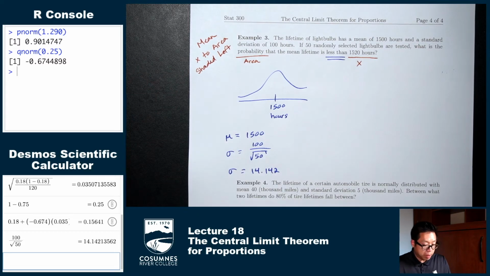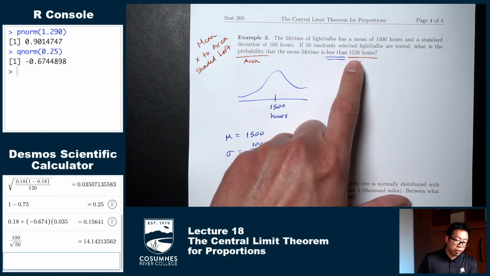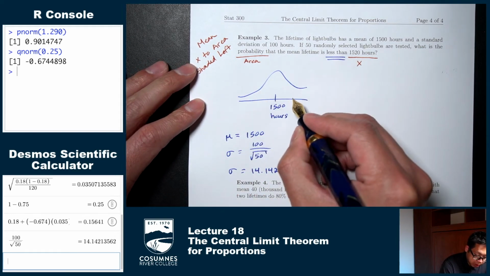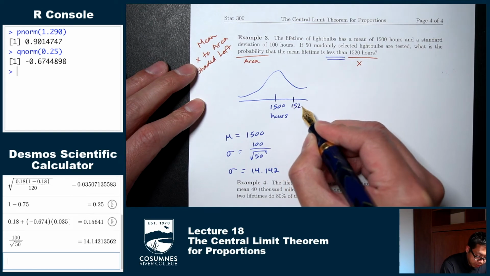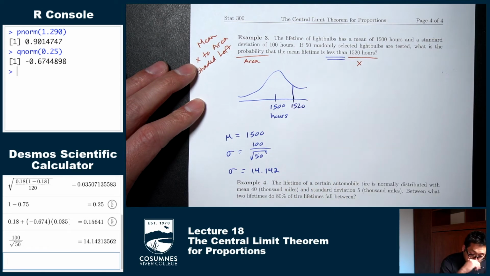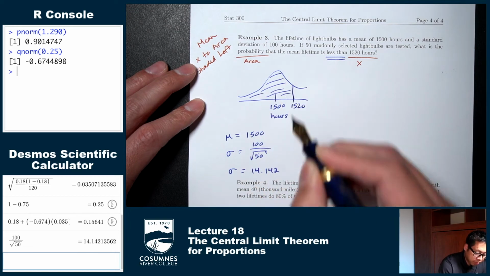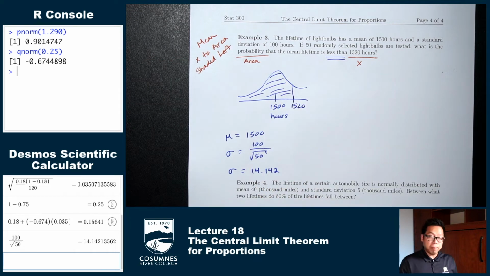And let me draw the rest of the picture with the shaded left. 1,520, we said that that was an x. That goes over here on the right side. And then we said we're shading left. All right, so now we're set up.